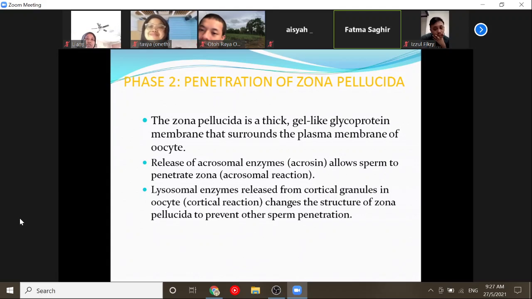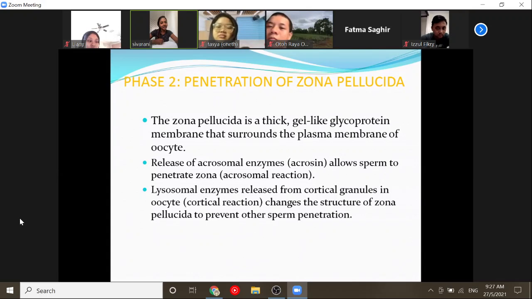Okay, let's hear from Siva. How about the ovum, the oocyte? If you want to speak about the oocyte, start from where the oocyte comes from, so it will be step by step. How does the oocyte make it to the site of fertilization?